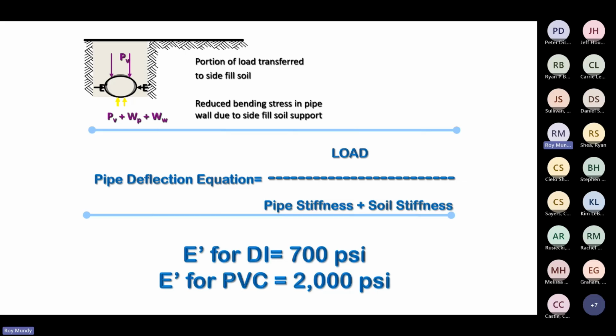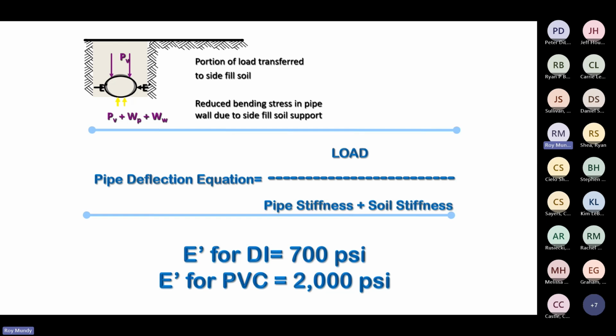So as a rule of thumb, when it comes to the soil component of a particular trench, the soil's modulus, which is the E prime you see there, for ductile iron pipe, even in a type 5 trench, you can get by with 700 psi.